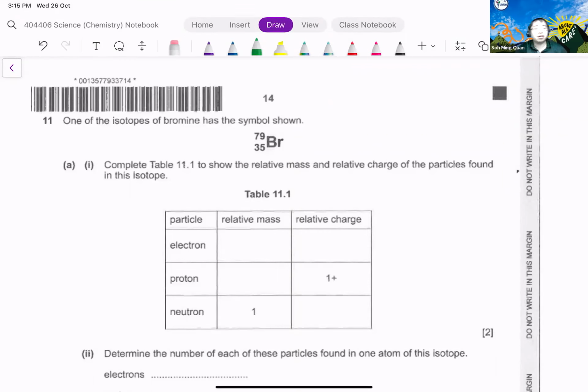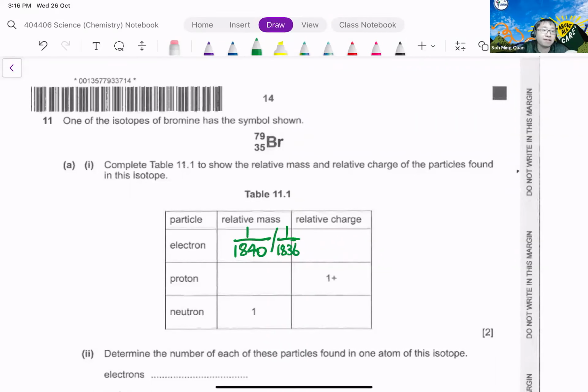For example, the mass of an electron is 1/1840 or 1836, right? This is the correct answer. You must write it here. Some of you will just misread and write this somewhere else. Then that's wrong, lor. Okay?